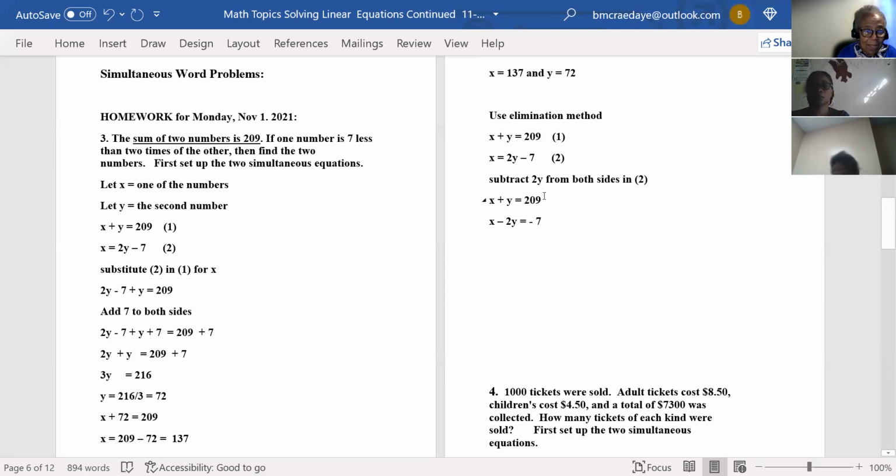Let me just label these and then I'll call them by number. Okay, this is 1, this is 2. And what I'm saying is subtract equation 2 from equation 1.